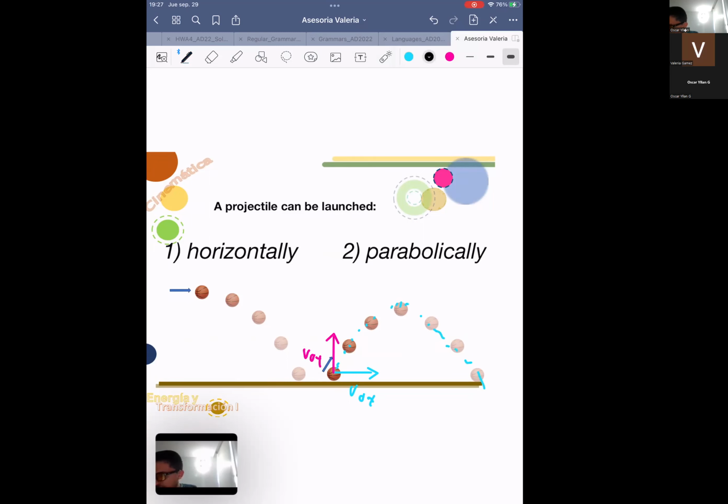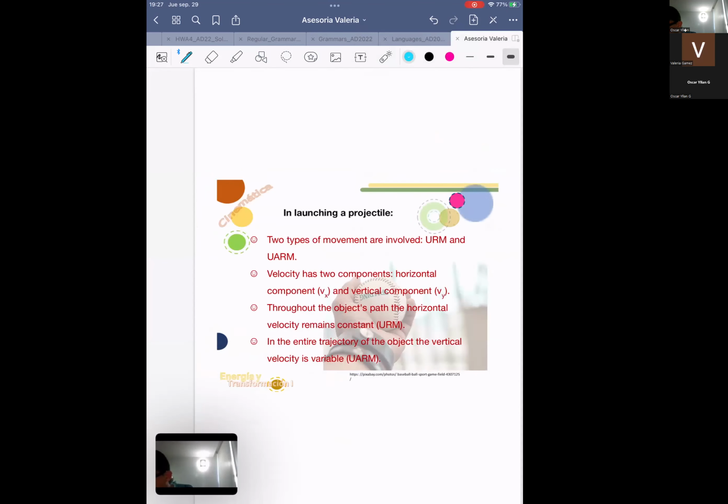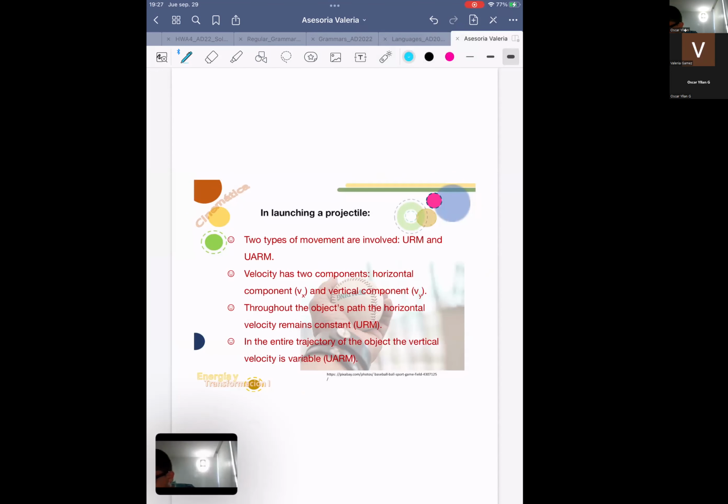At this point is its maximum height, where we are at our vertex. If you remember from mathematics, the vertex is at the half of the parabola. That's something really important. Later we are going to see why.